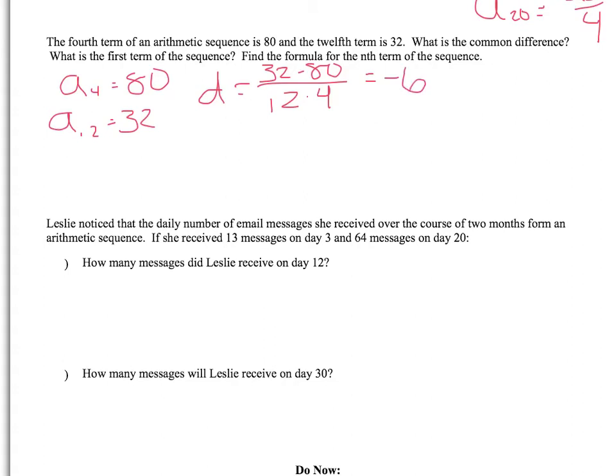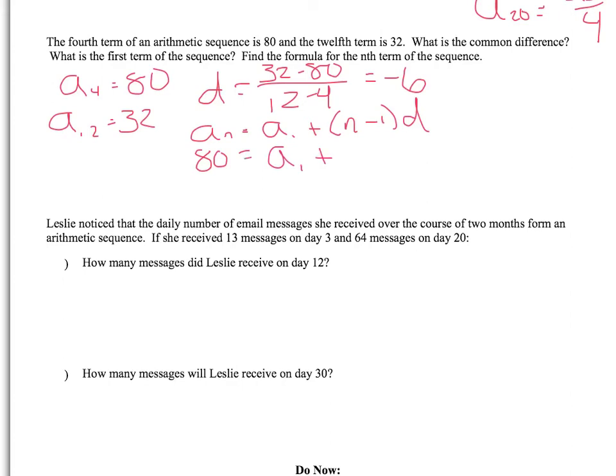Therefore, from this formula, an equals a1 plus n minus 1 times d from the top. The d I can plug in as a negative 6. To find the first term, what I can do is pick either one of these that I know. I'm going to choose a4 equals 80, and I'm going to plug it into this formula. a4 is going to be the an, so 80 is going to equal a1 plus.